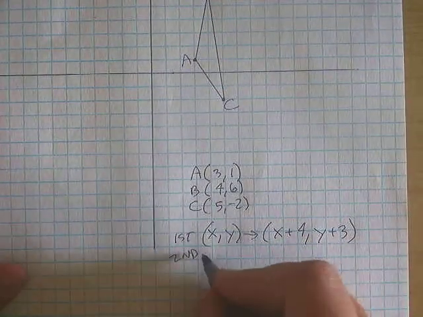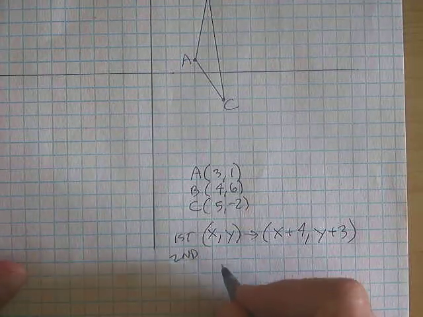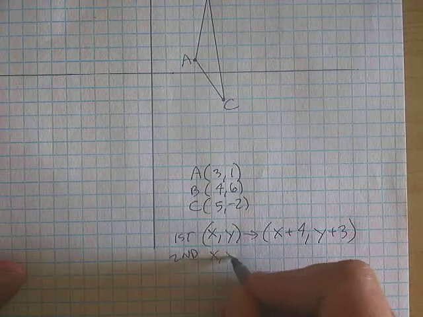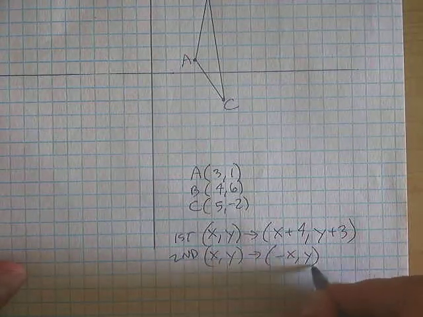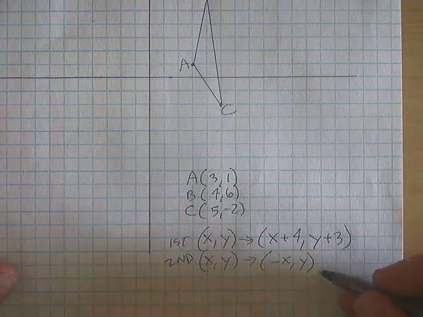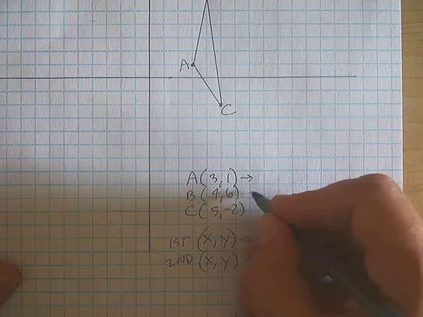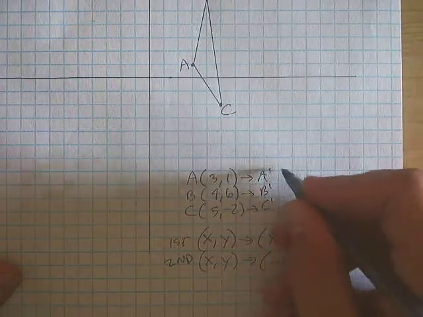Okay, this is what we're going to do first. And second, we're going to reflect over the y-axis. So (x, y) is going to go to (-x, y), which is a reflection over the y-axis.